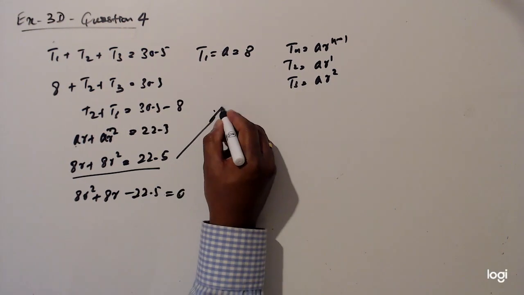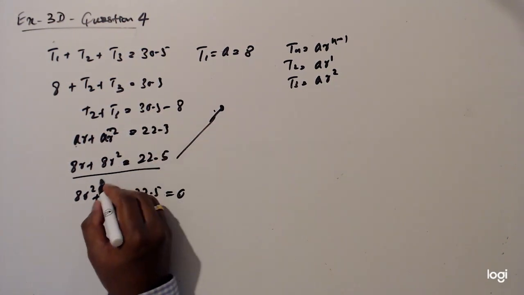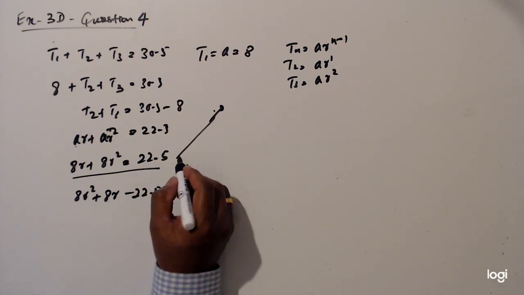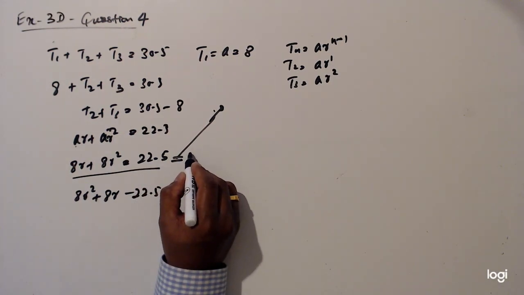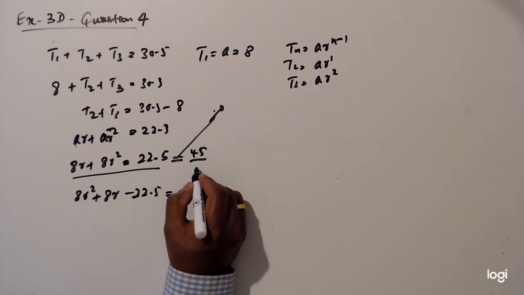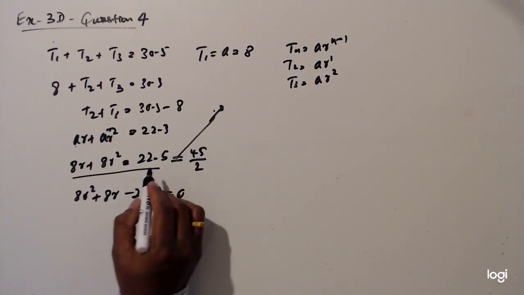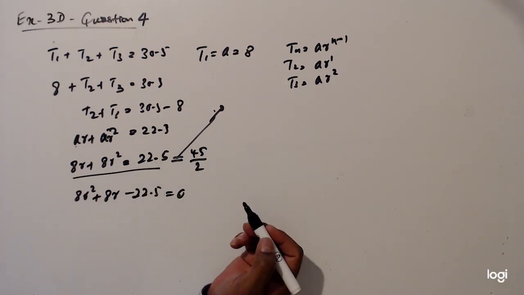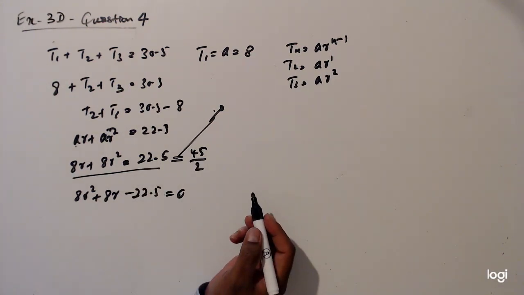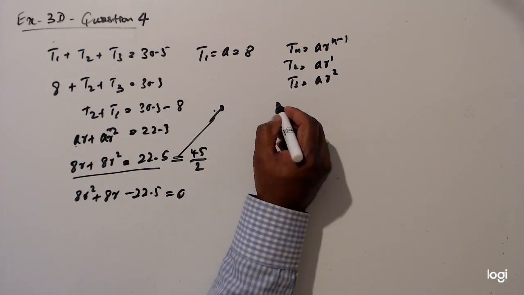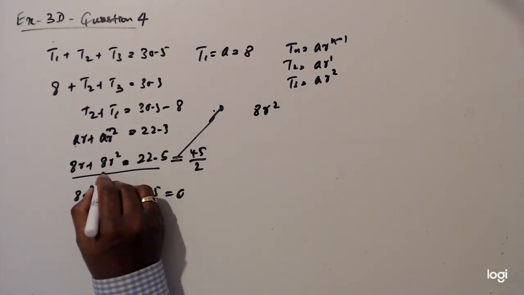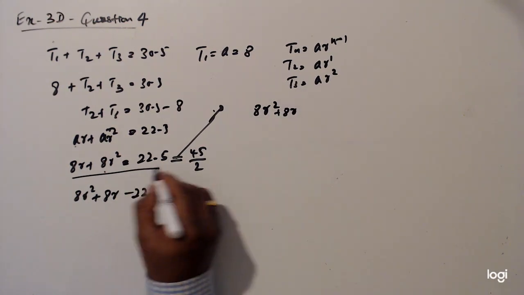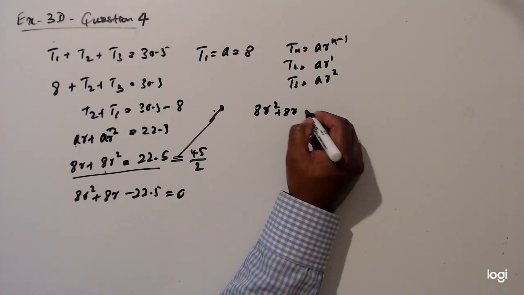I'll continue from here. I will turn this 22.5, that is 22 and a half, into 45 over 2. So I wrote it as a fraction. Then 8R squared plus 8R equals 45 over 2.